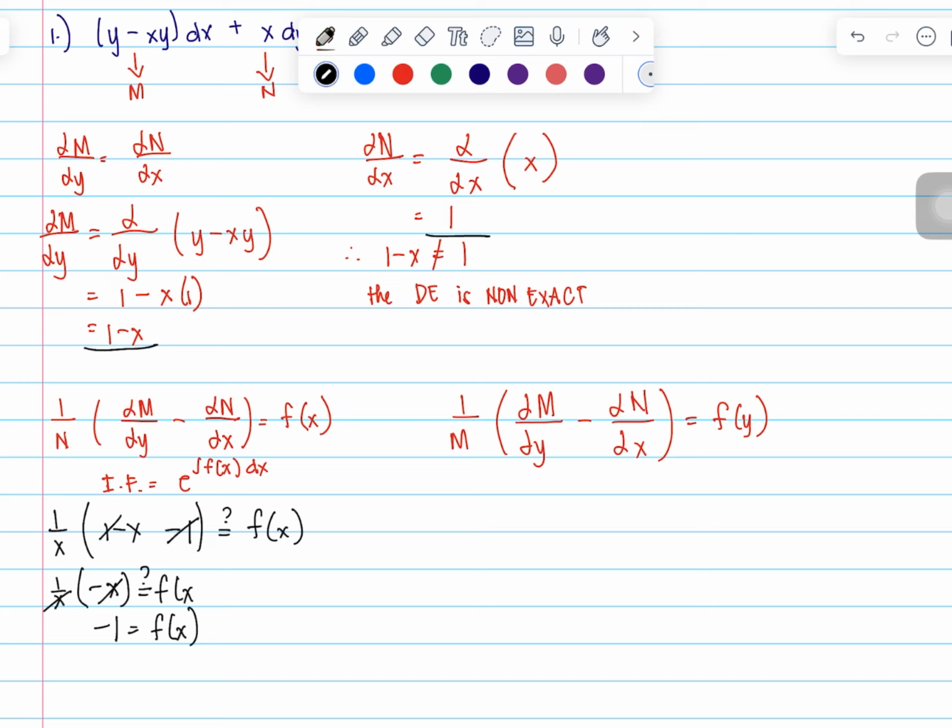So let's try that. What is M? You have 1 over y minus xy. That is your M. We already have this part here, that is negative x.